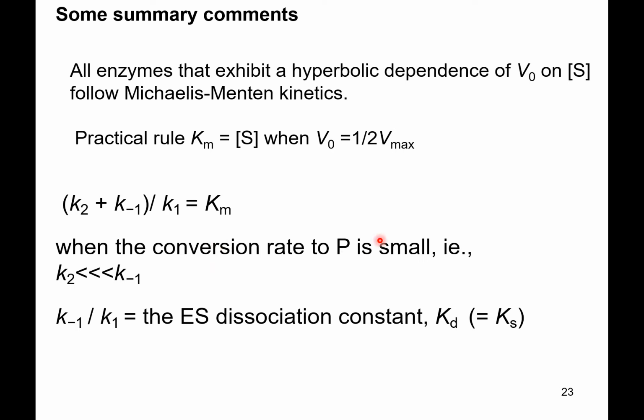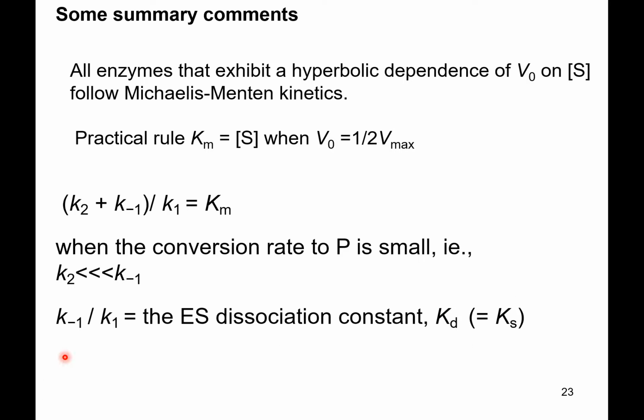When the conversion rate to product is small, that means K2 is much smaller than K minus 1, this simplifies into K minus 1 over K1, and that is the dissociation constant, or capital KD, that we talked about last time.